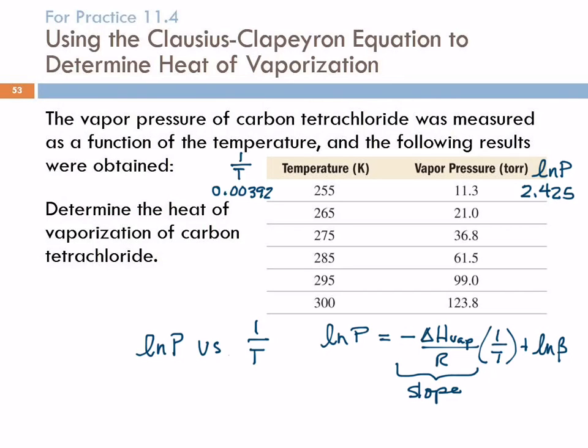From your graph, you determine the slope, and then delta H, heat of vaporization, is going to equal negative slope times R, 8.314 joules per mole Kelvin. And that will allow you to find the heat of vaporization. Any questions?